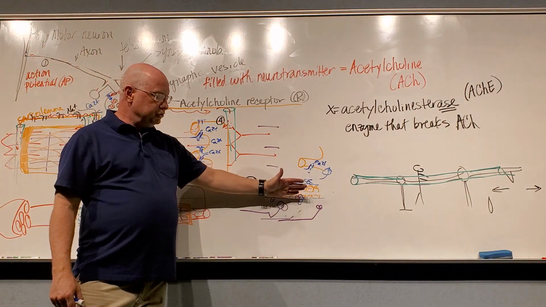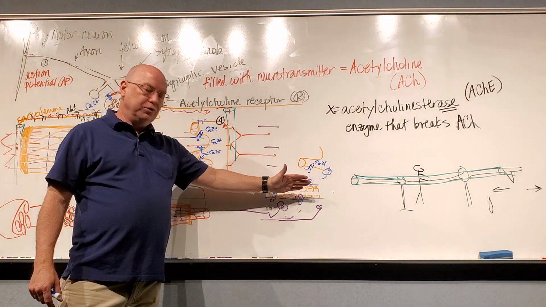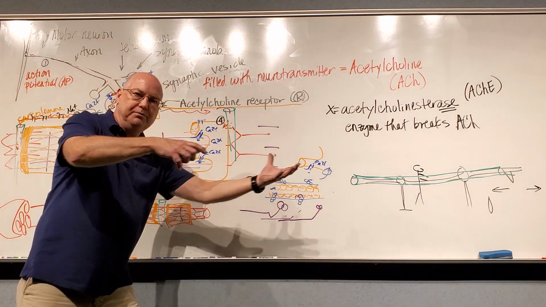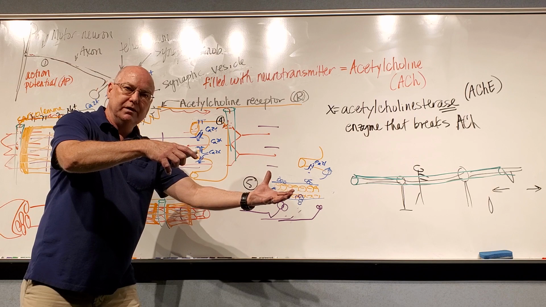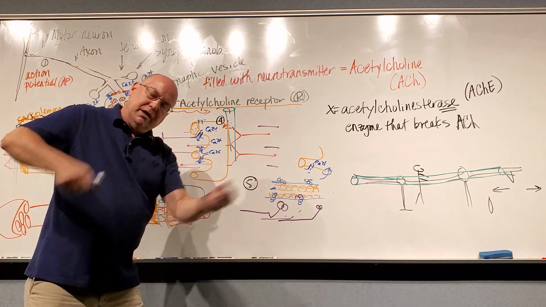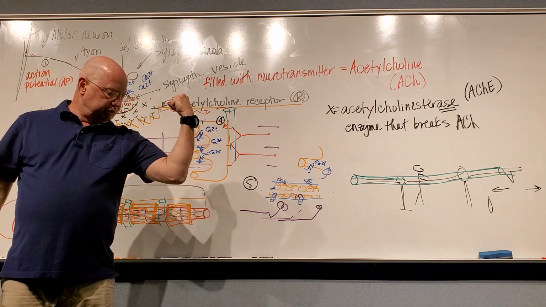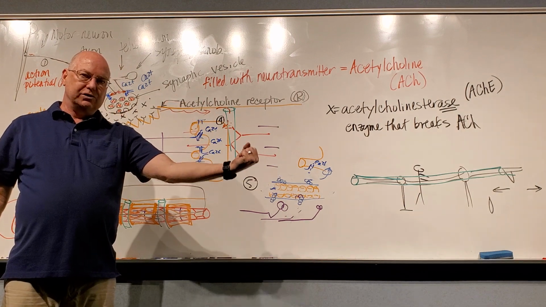Troponin changes shape and goes back to its original spot, pulling the tropomyosin over the active site, and now the myosin heads can't grab and pull, and they're sitting there waiting. I expose them, they pull. I stop exposing them, they sit and wait. That's what causes muscles to contract and relax.